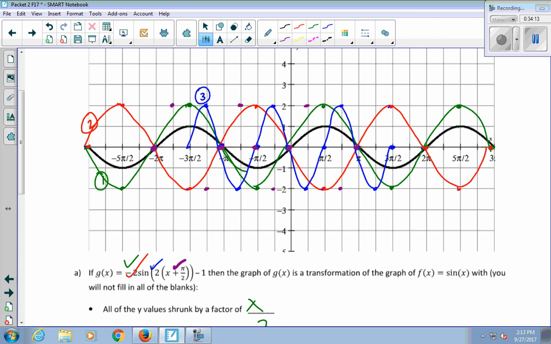And then I connect my purple dots. There we go. I missed a couple.